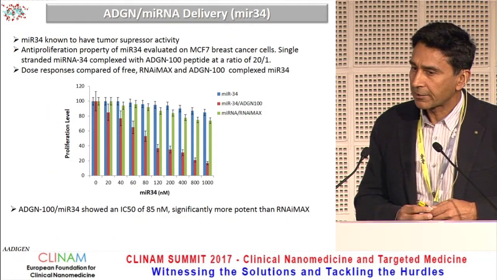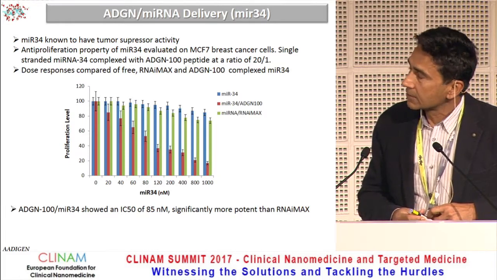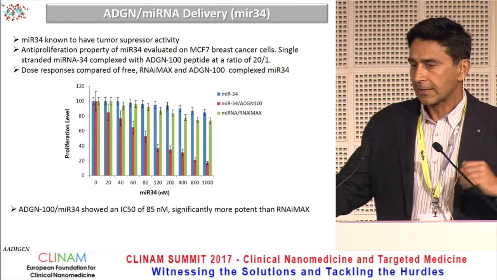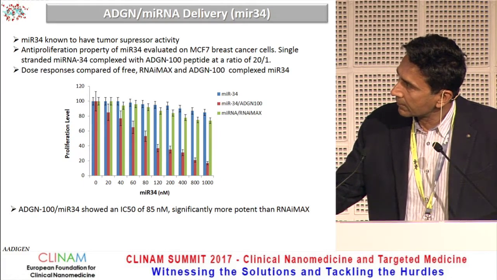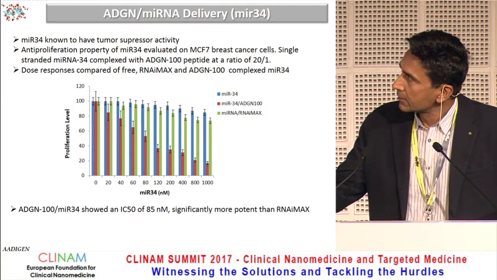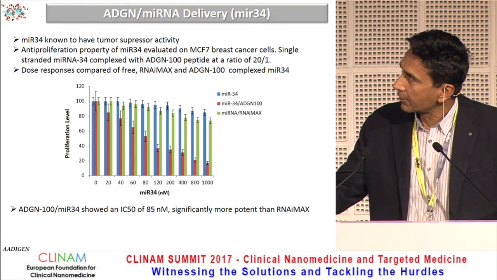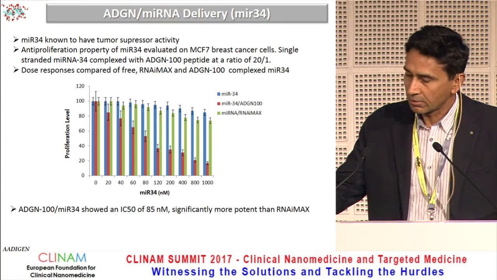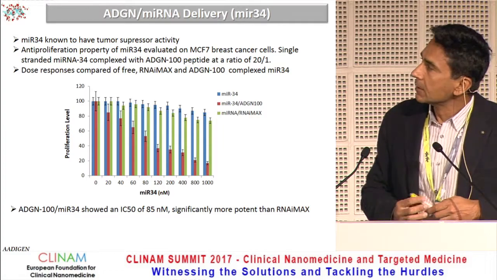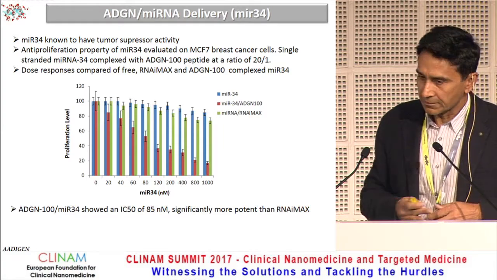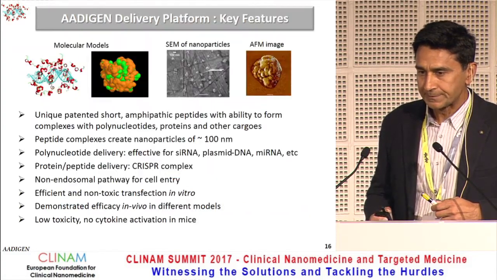We've also done microRNA, in this case MIR34, which is a tumor suppressor, and you can see that activity corresponding to the dose. And again, compared to RNAiMax, which is again sort of off-the-shelf, like lipofectamine, we see much greater efficacy in this system.